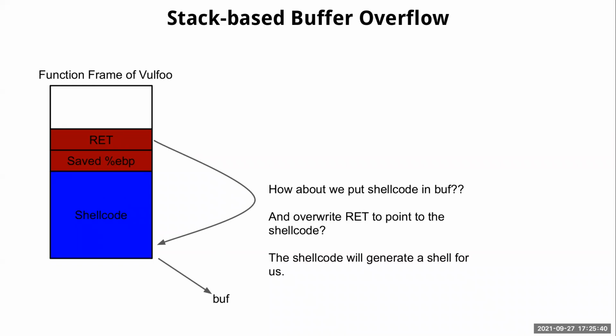A problem here is, let's say this is our shellcode. Our shellcode is 20 bytes, and you have to execute at the very first byte of that shellcode. If you don't do that, you run into some invalid instructions, eventually triggering a segmentation fault. So we need to know the very accurate address of the beginning of the shellcode. Sometimes it's hard to get.